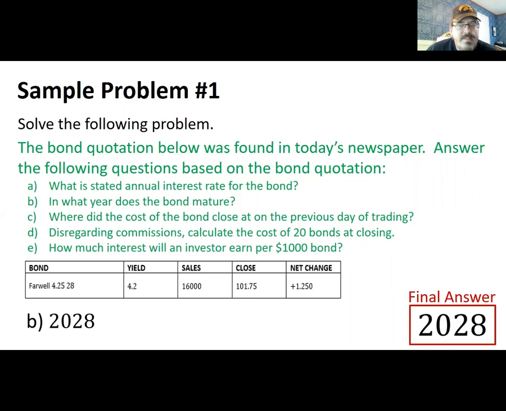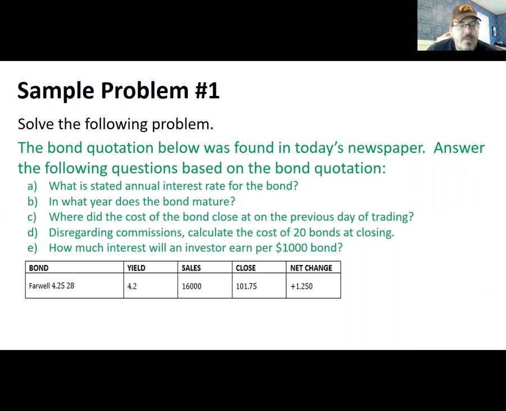All right, now part C, we want to calculate what the cost of the bond was on the previous day of trading. All right, so when we look at our bond quote, the closing cost tells us essentially what the value was today. We have to use the net change to figure out what it was the previous day. So again, what the net change in this case means, because it's positive, is that today's closing price went up from the previous day.